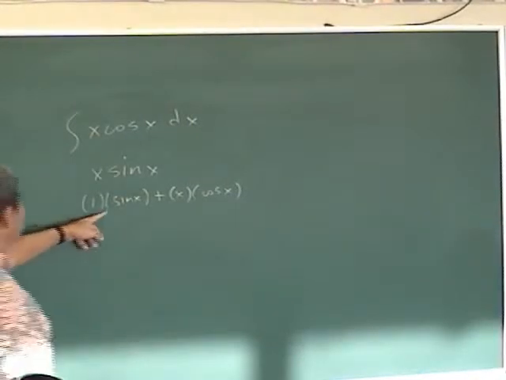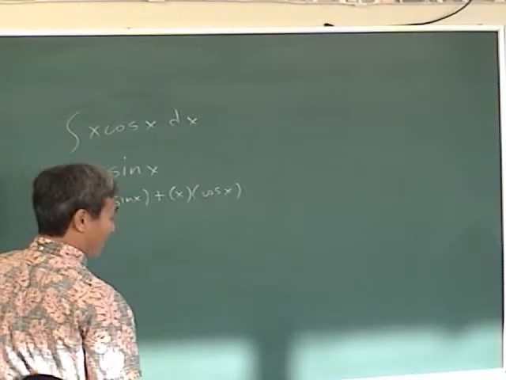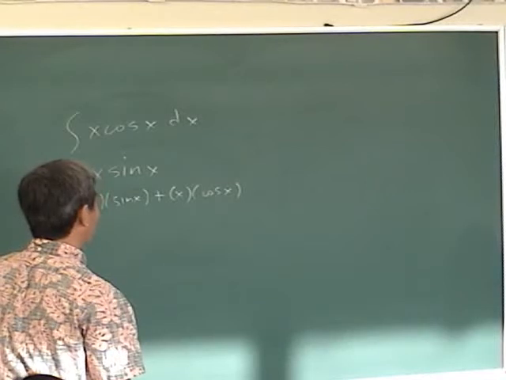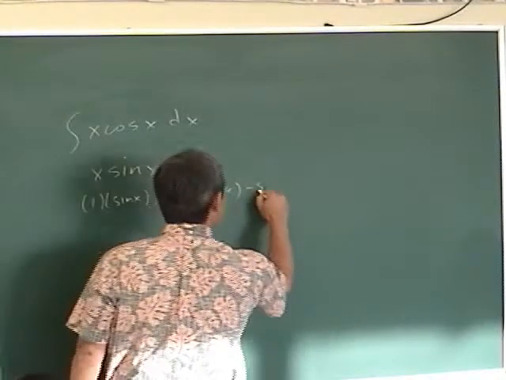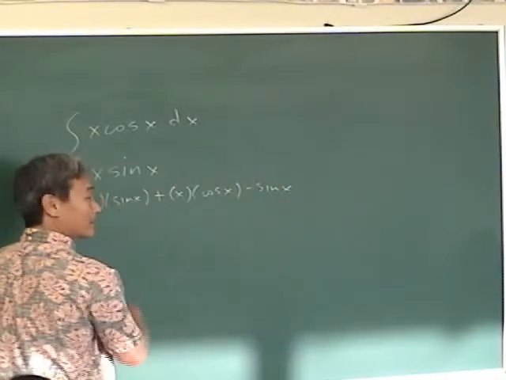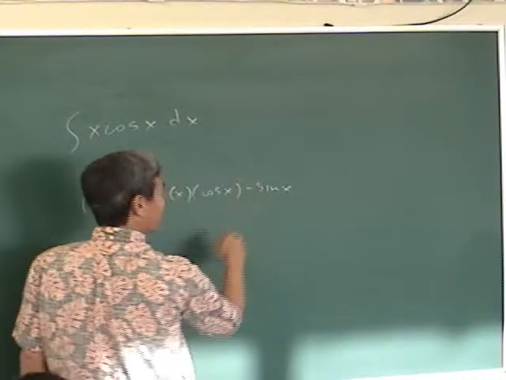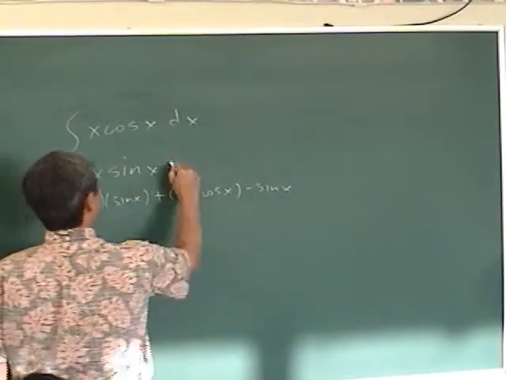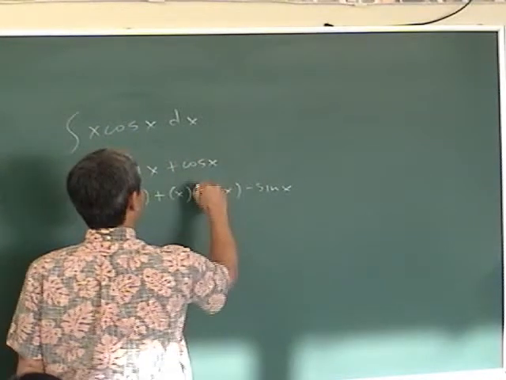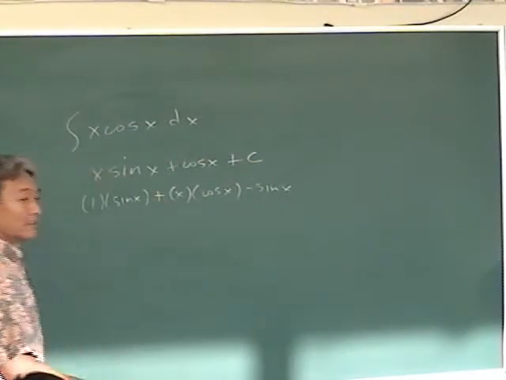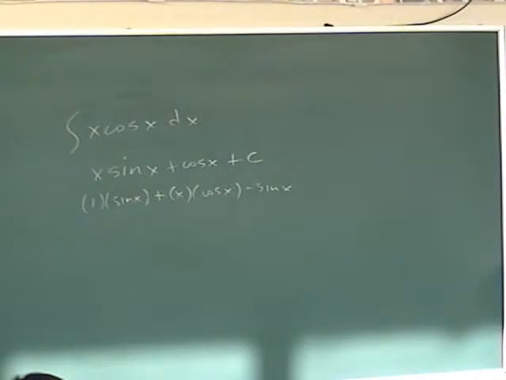So how do I get rid of this? Don't you need a minus sine x to get rid of that? Then they cancel out. So what would you have to put here so when you take the derivative of it, you get negative sine x? Plus cosine x. And then you put plus c and then you're done. Oh, so Mr. Park, we just got to kind of reverse the product rule then.